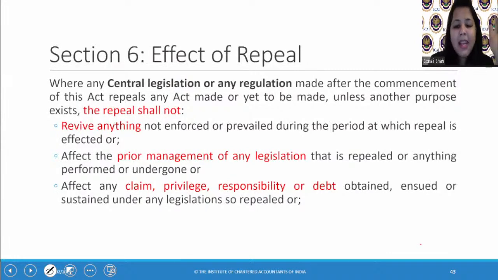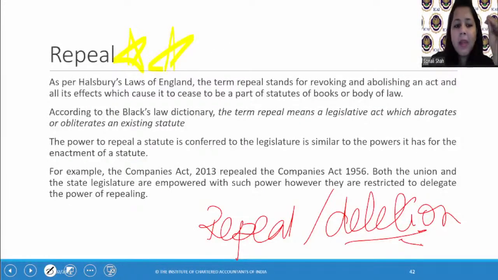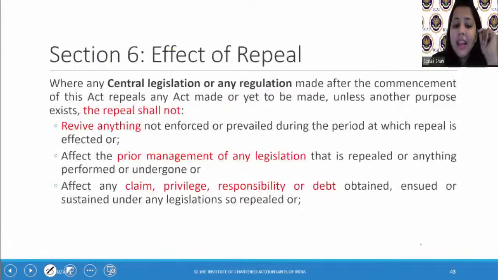When a law is repealed, it is deemed as if it never existed. It's an act which abrogates or obliterates an existing statute. Correct? Now, however, section 6 says there are some areas which receive protection.